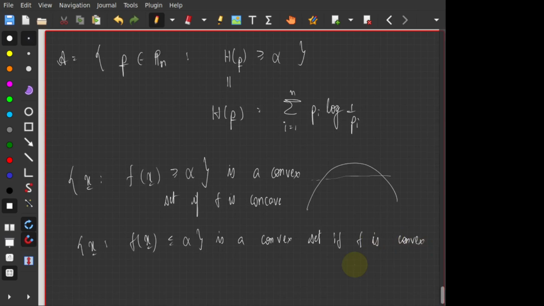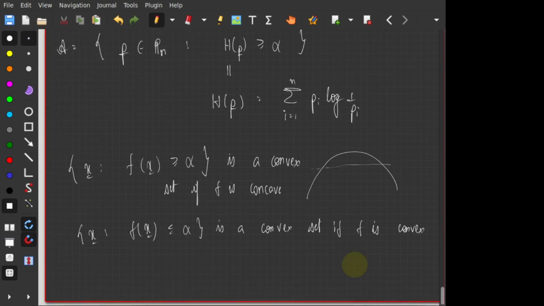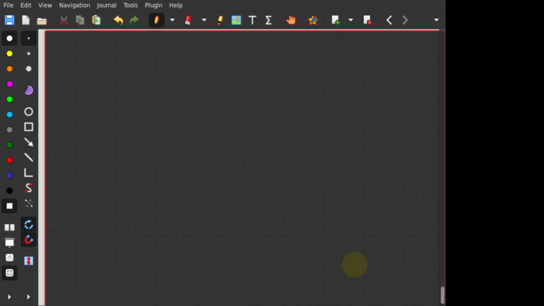You were talking about the points above that line. Maybe let me clarify that with an example. You have x, you have f of x. This is my x. This is my f of x. So this is alpha, right?